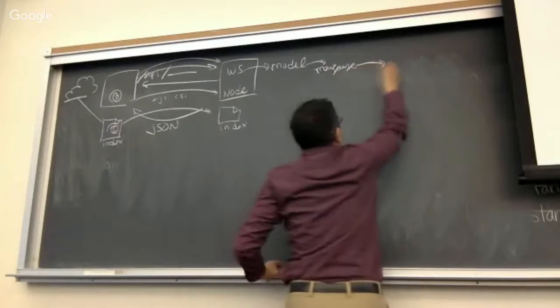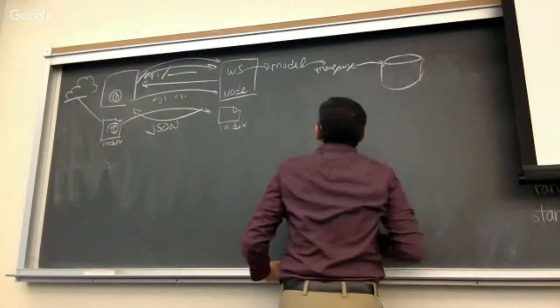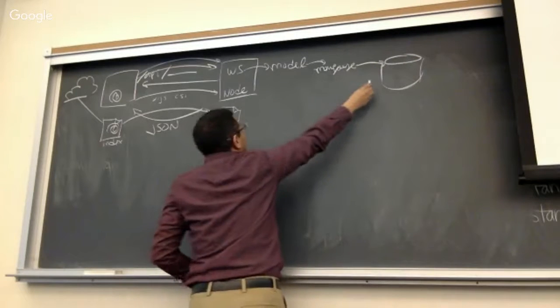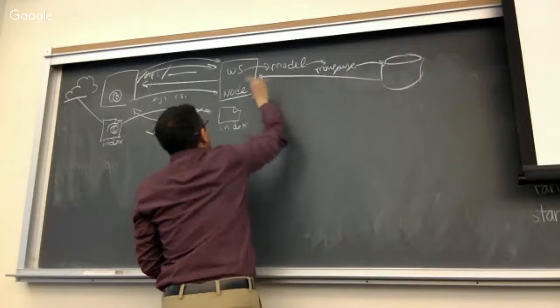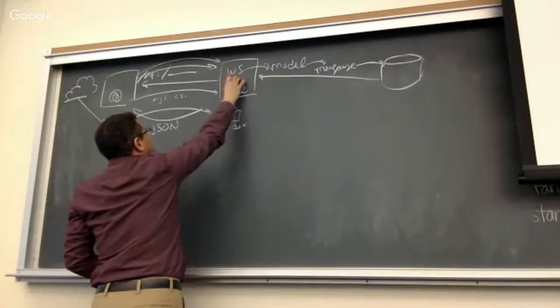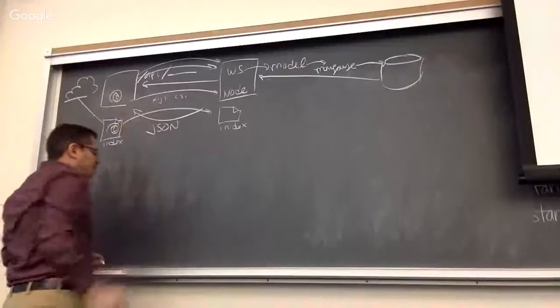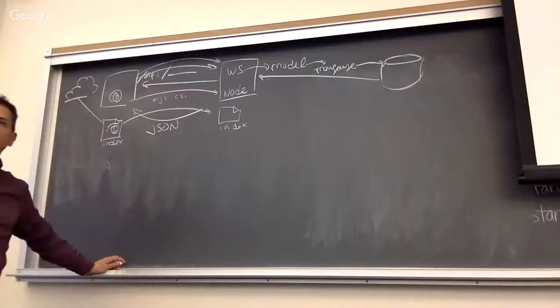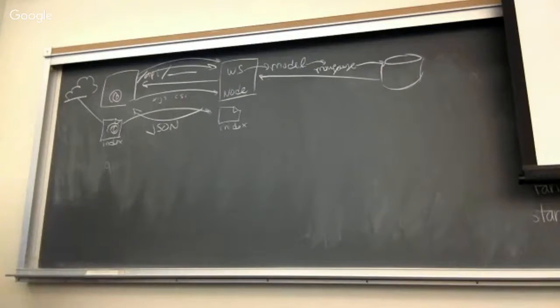And Mongoose will talk to the Mongo database, right? This comes back as promises, and then the web service spits back JSON to the browser. Yes? Right, that's what we've been building for the last 3 months.